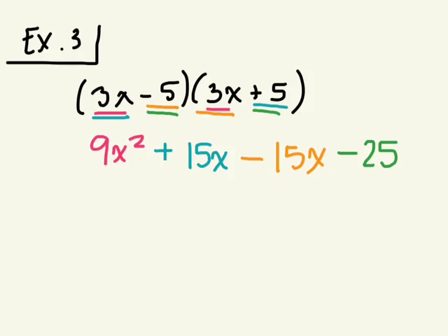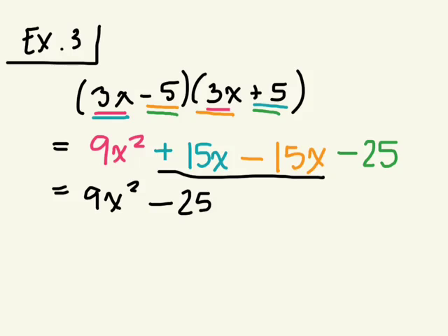Negative 25. Shh. 9x squared. What's 15x take away 15x? 0. Do I have to write that? Well, 0 we could, we could put 0x. But what's 0 times anything? So simplify: 9x squared.